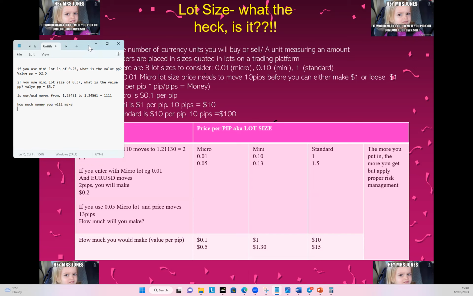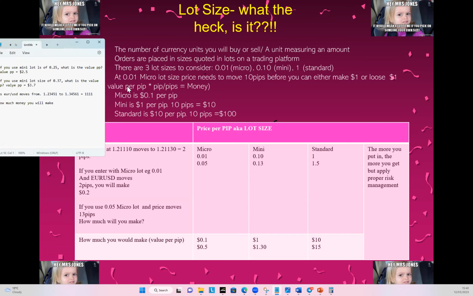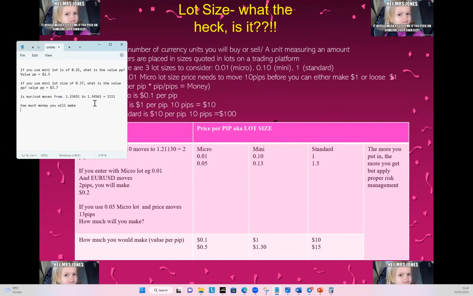And the formula for that is what I've said: value per pip times the number of pips equals money. So for you, Chi, this is your value per pip. And for you, Mike, this is your value per pip. Okay. So how much money are you going to make?